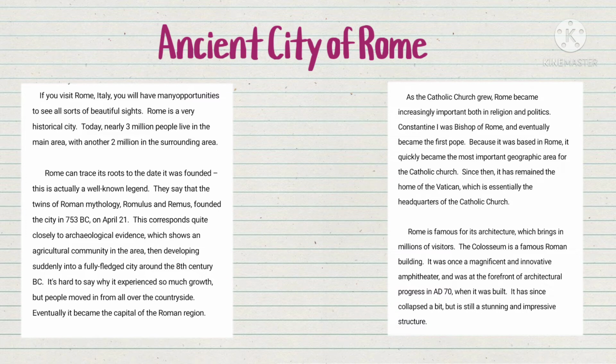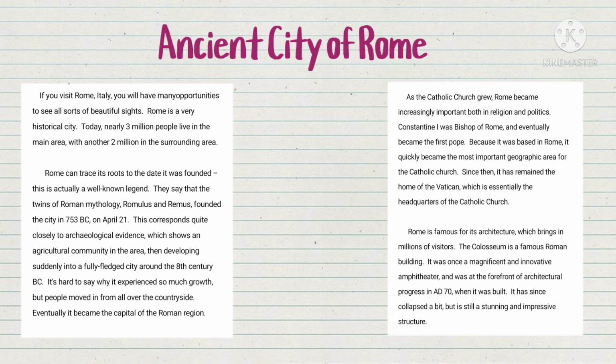This corresponds quite closely to archaeological evidence, which shows an agricultural community in the area, then developing suddenly into a fully fledged city around the 8th century BC. It's hard to say why it experienced so much growth, but people moved in from all over the countryside. Eventually, it became the capital of the Roman region.